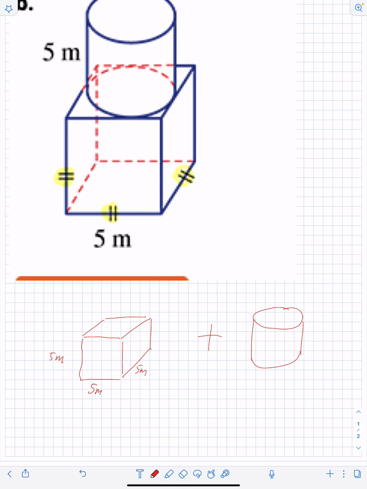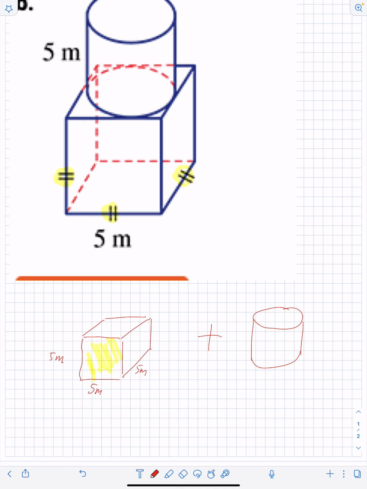And so what we need to do is find the area of the base. So let's say one of these is the base here. Okay, highlighted in yellow. And so that area of that base is going to be 5 meters by 5 meters. So it's 25 square meters.